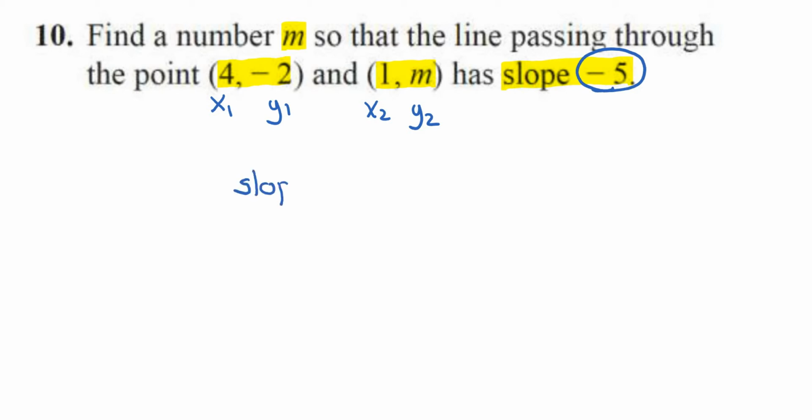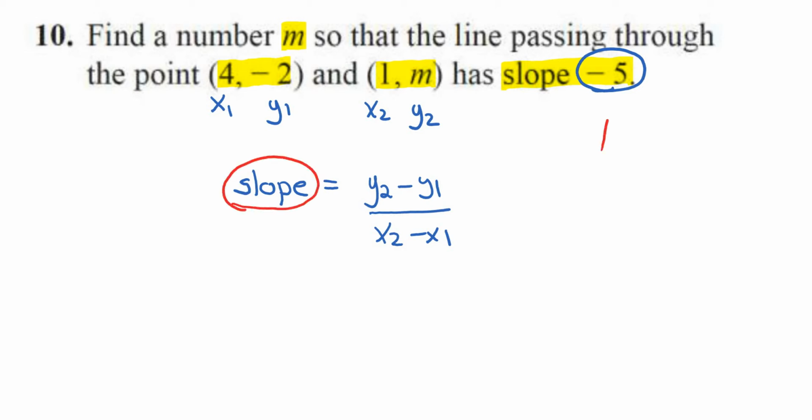I know slope is rise over run, which is a difference in your y values over a difference in your x values. Then ask yourself, what is the slope given in this problem? The slope is -5, so this becomes -5 equals. What's the value of y2?